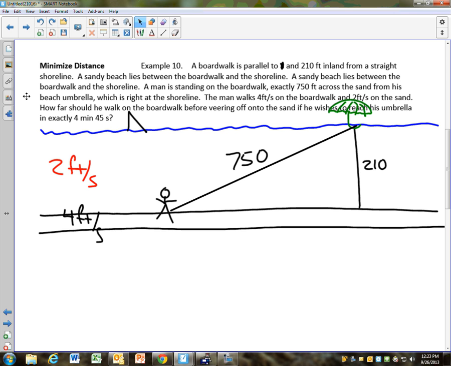Let's say that a lifeguard can run 15 miles an hour on the sand and can swim at 4 miles an hour in the water. If they spot a person drowning, how long should they run on the shore until they veer off and swim to the person, so as to minimize the amount of time before they get there? That's actually a calculus problem. It's a little bit more difficult. I don't think that a lifeguard would actually calculate that through.